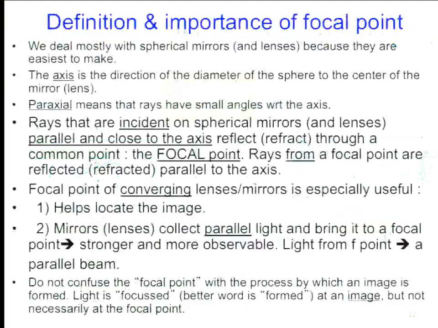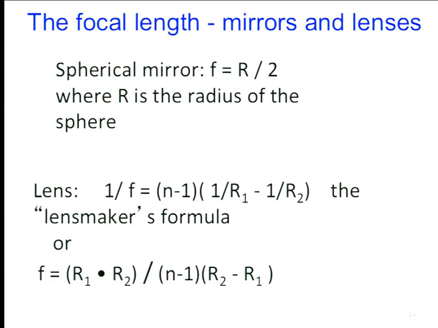Okay, now the importance of focal points I try to emphasize, and the only thing that you really have to know is the distances S and S prime are adjustable. You can put the thing anywhere you like. The one thing that is determined by the geometry of the optical element is its focal length.